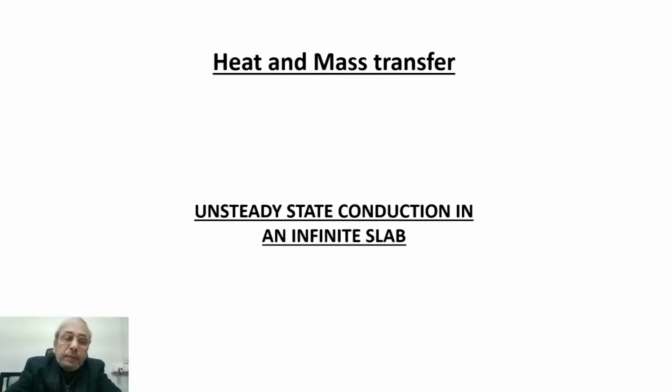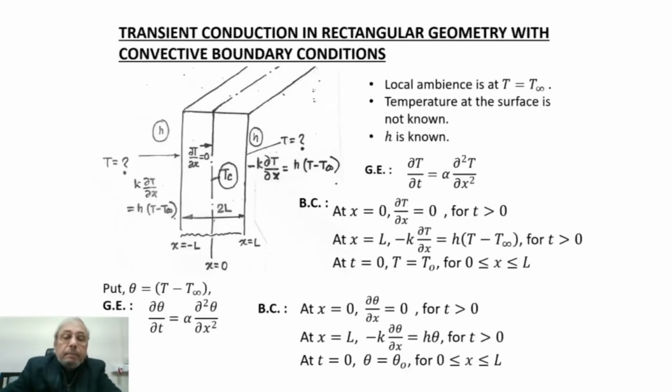Good morning, everybody. Today we will discuss unsteady state conduction in an infinite slab. Basically, this is an analysis of transient conduction in a rectangular geometry with convective boundary conditions.